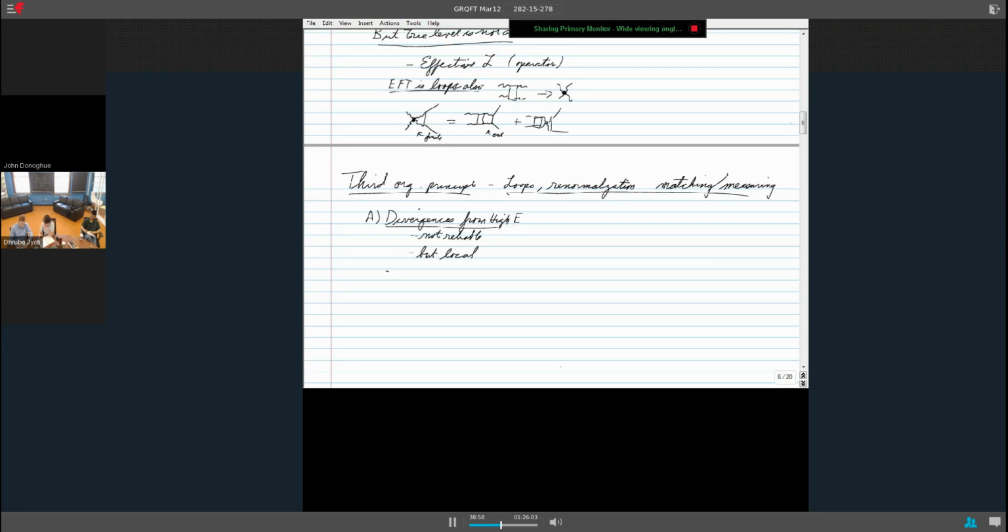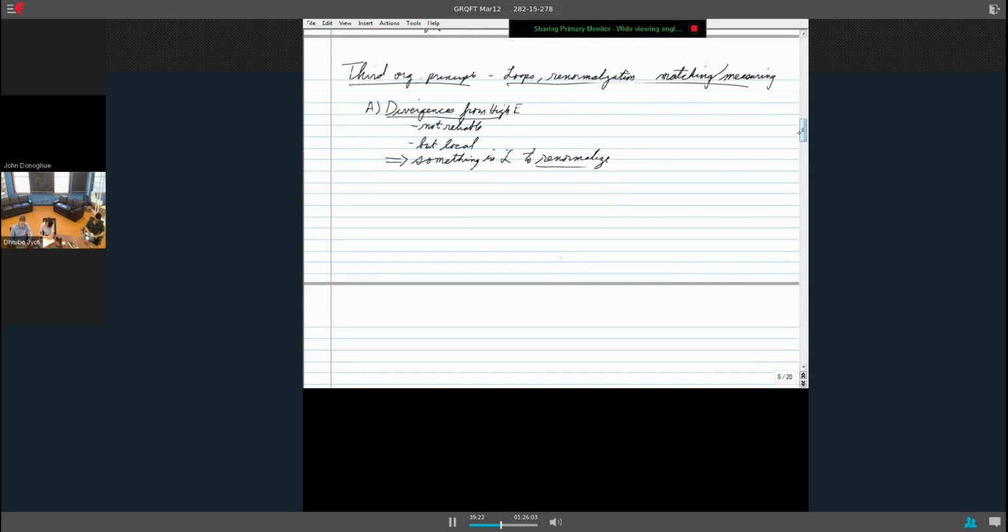Okay, there could be many reasons why they're not reliable. If you've written an effective field theory by integrating out some other particles, well, the other particles should contribute to the divergences also. So you're getting the wrong divergences. But even if you have the full theory, you're doing QED, we still think there's more physics happening before you get to infinity.